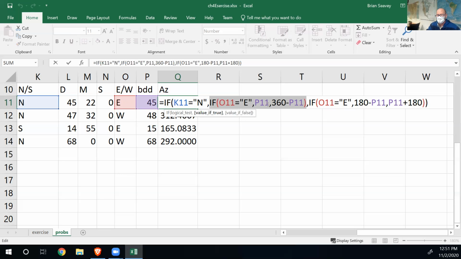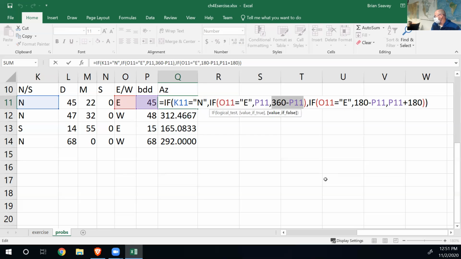But also, if it's not east, it must be west, right? The only letters in here are going to be E and W. So if it's not that, it's going to pop past just doing P11, and it's got to be 360 minus that to be in the northwest quadrant. So whatever angle it is off the north, it's actually all the way the other way around.